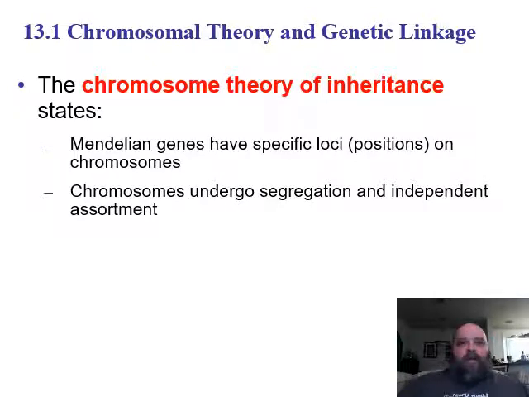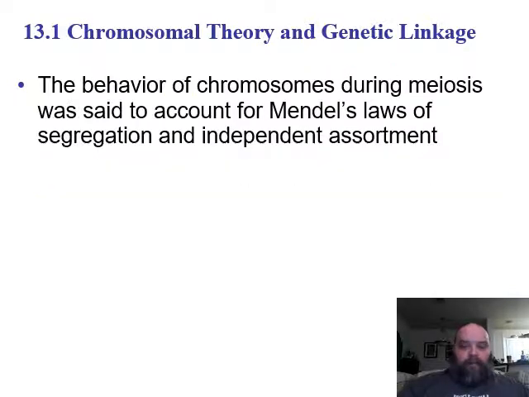Based on the work of Sutton, we've also begun to show that Mendel was correct. Where he was discussing in his characters and traits independent assortment and segregation, we were able to show, and we discussed in chapter 11, individual chromatids line up, the homologous separate, the sister chromatids then separate.